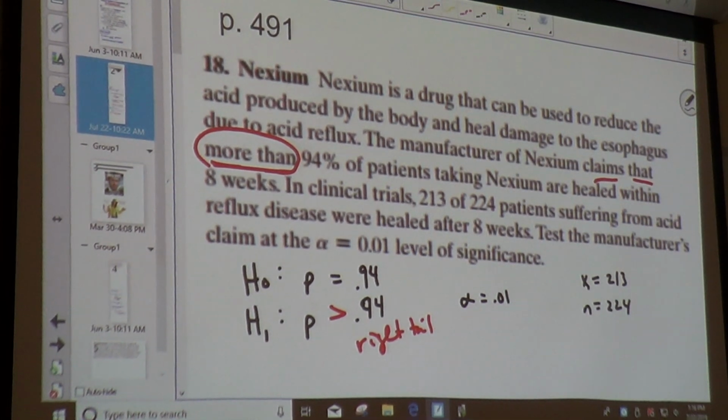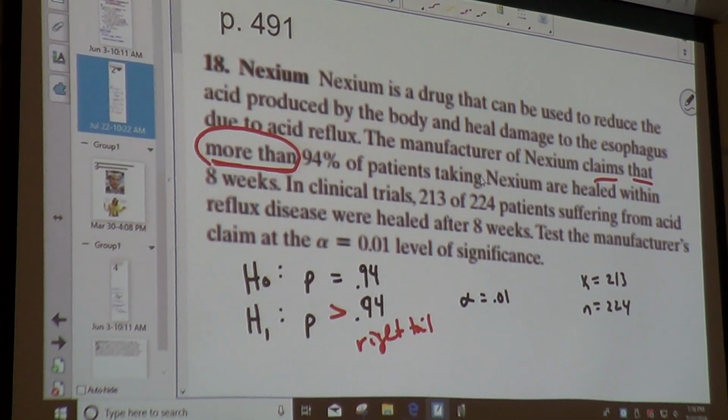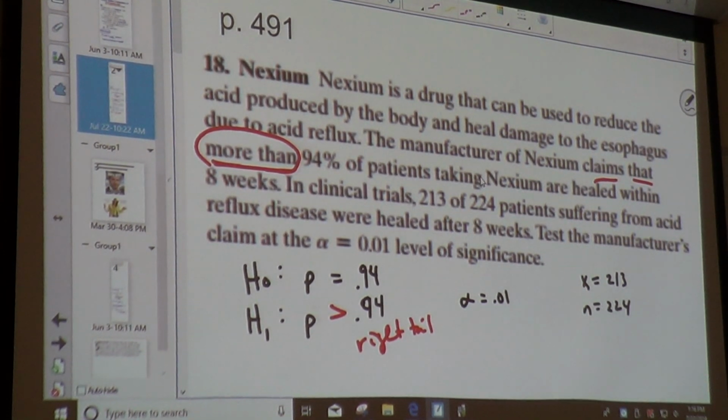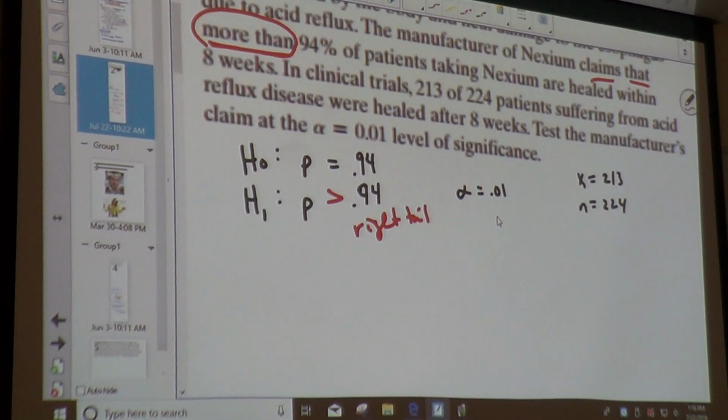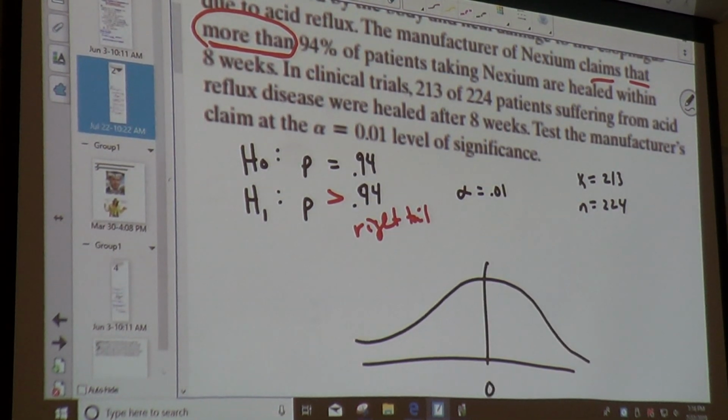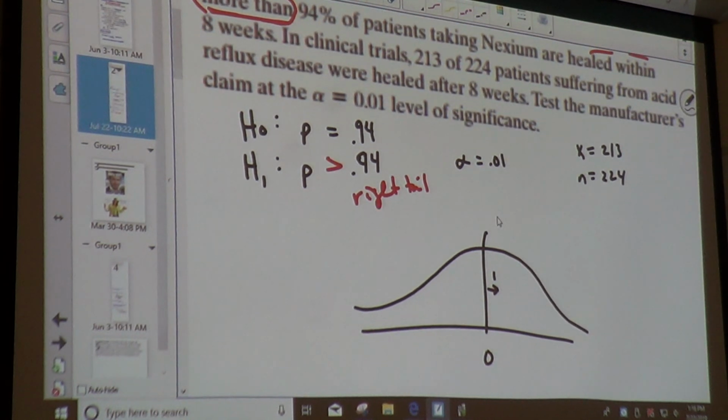All right, so what we're going to do now is go to our table. Let me start drawing it. Standard deviation, our mean is 0, and that's going to be 1. And we want our C's down here.